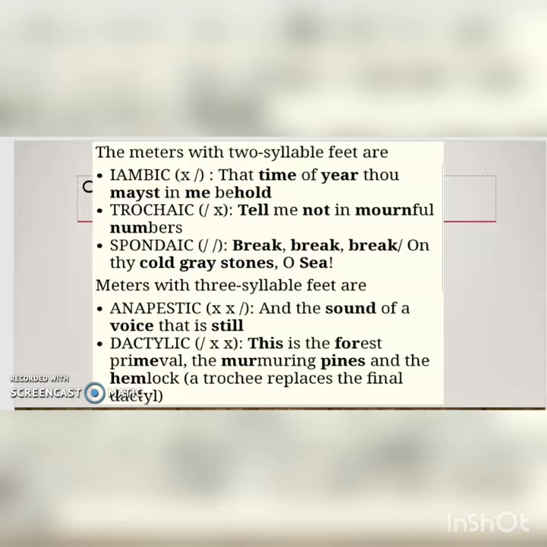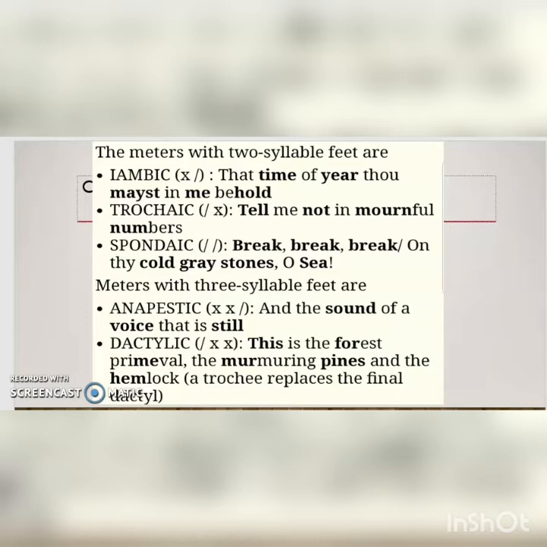Third one, spondic. I have already told you in the previous slide. It should be there in your notebooks. You should note down all these points. In that slide, I told you that as far as spondic is concerned, both syllables are stressed.